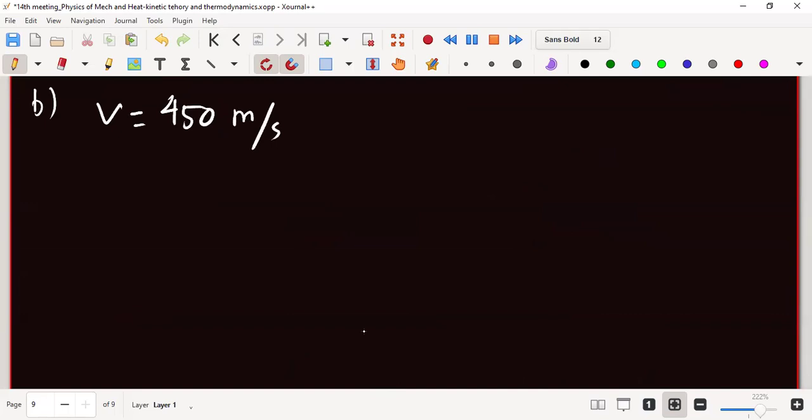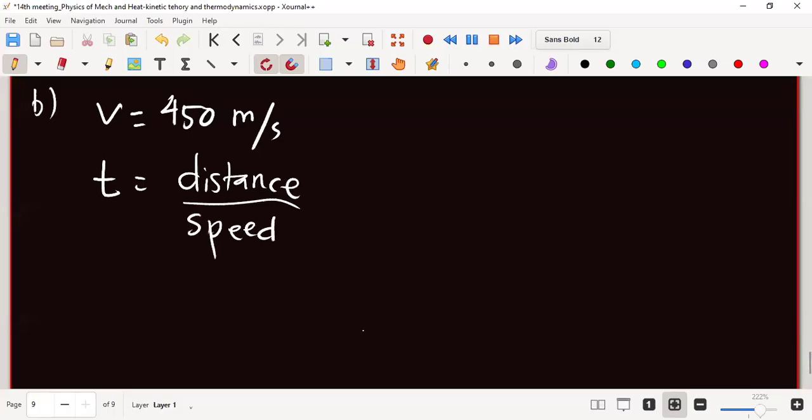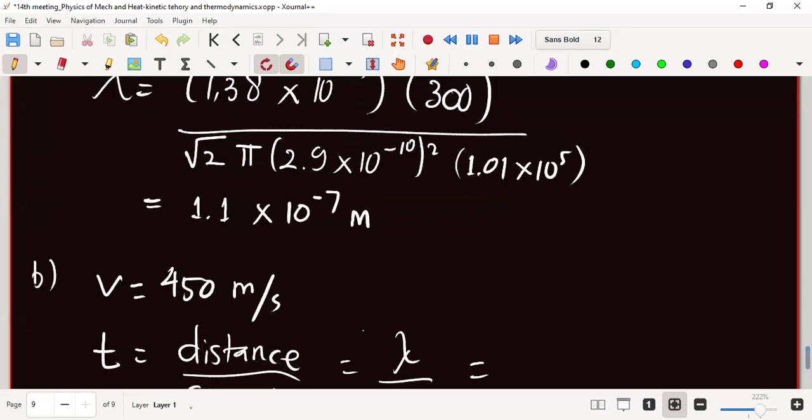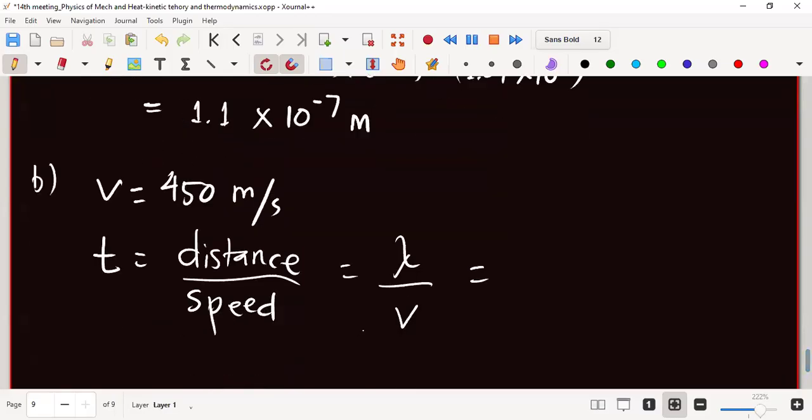and then what is the rate? Time is distance divided by speed. So the distance is lambda and the speed is V. We have already got lambda is 1.1 times 10 to the minus 7.